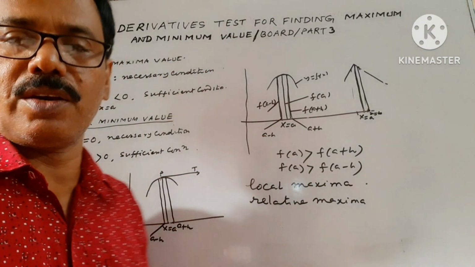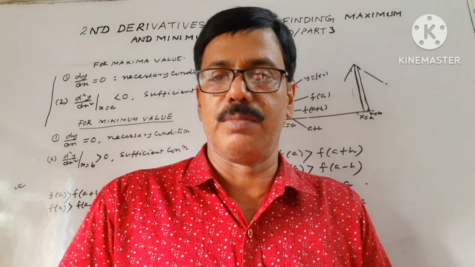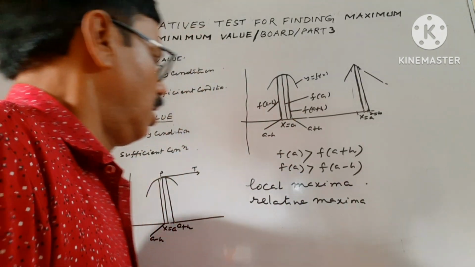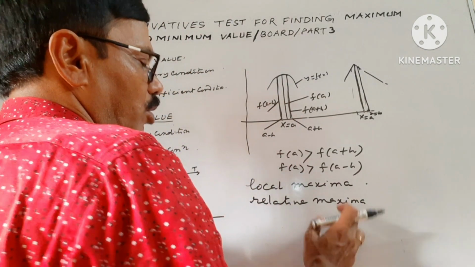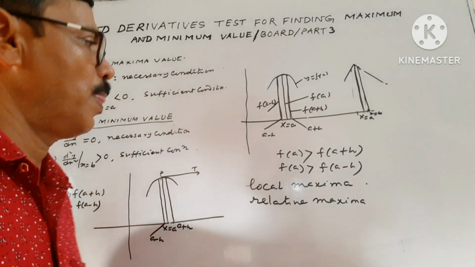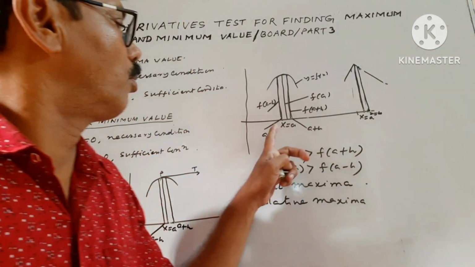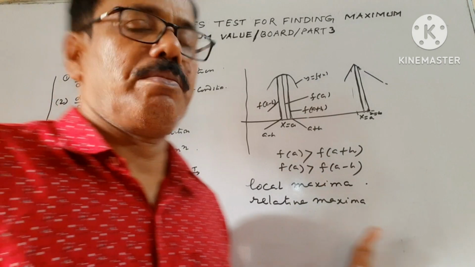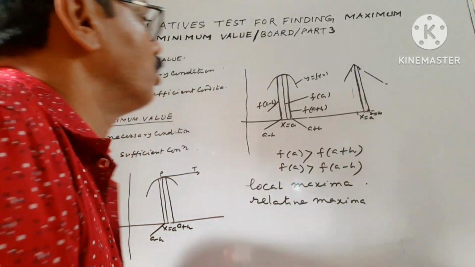So unless otherwise stated, by maximum or minimum value, we always mean local maxima or local minima. I have already discussed this type of curve, where you get maximum and minimum value.